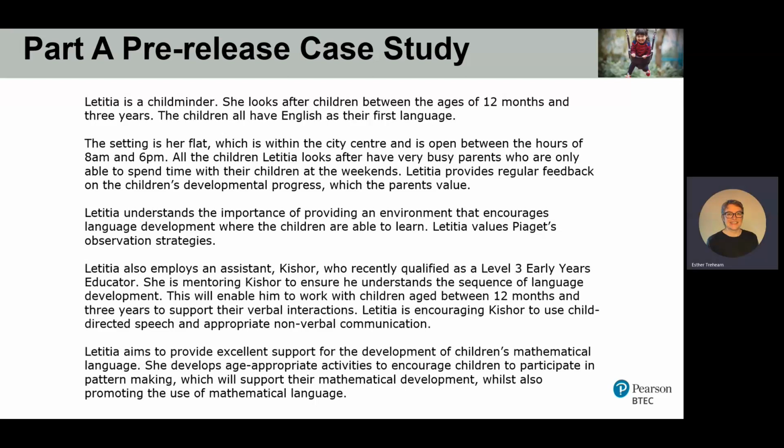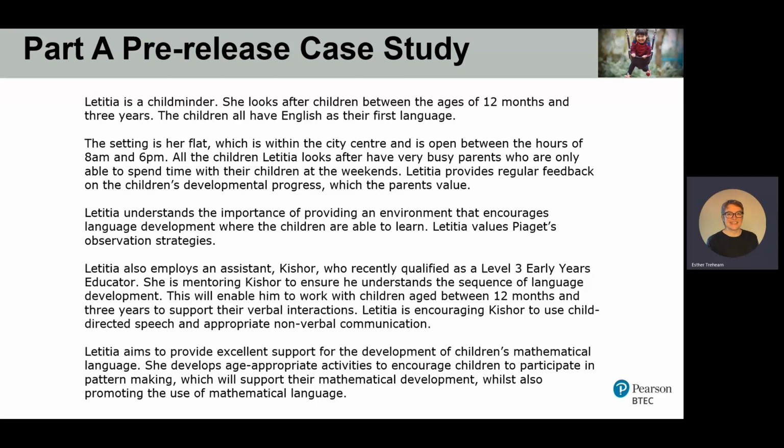Part A provided the learners with a case study. Part A provided the learners with information as to what the 3 activities in Part B will entail. For example, the setting in this case study is a childminder with age ranges between 12 months and 3 years. This paragraph usually provides the learner with an insight into focus of the Part B assessment.